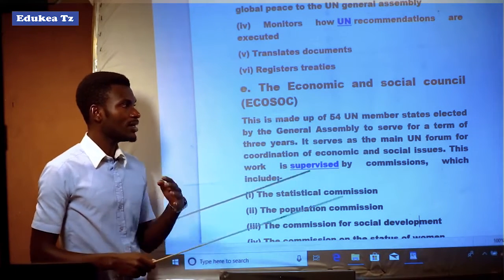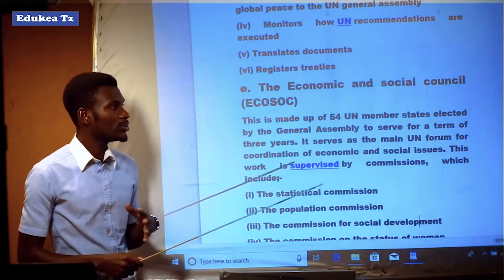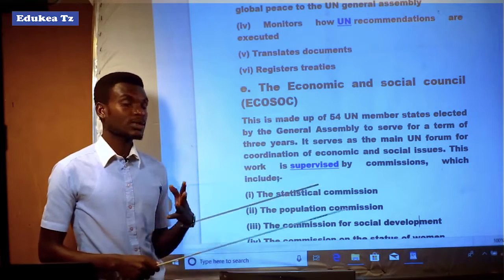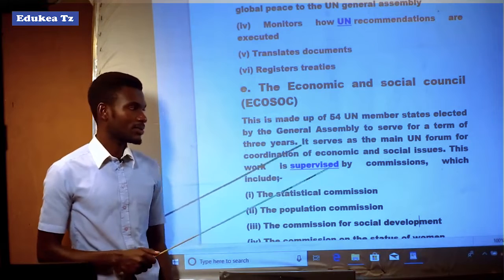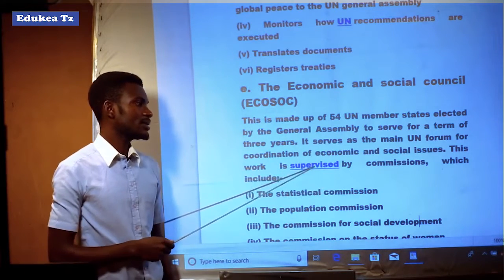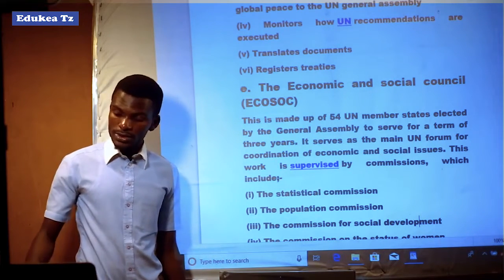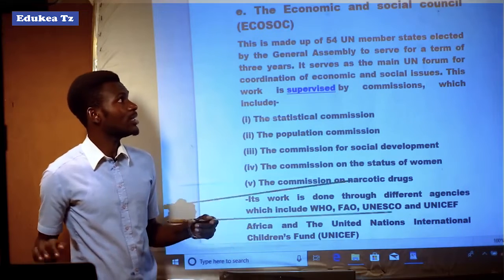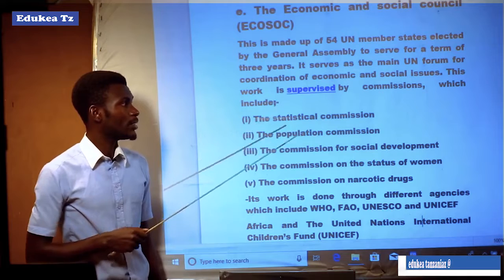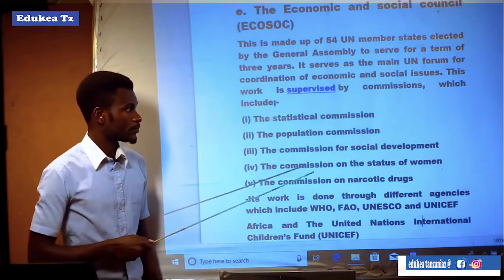It serves as the main UN forum for coordination of economic and social issues. It means the elected 54 UN members give a forum for the economic and social matters concerning the member states of the UN. This work is supervised by commissions, which include the following.